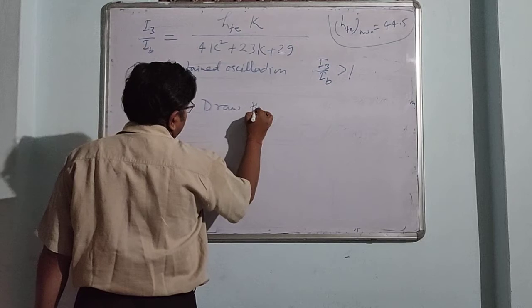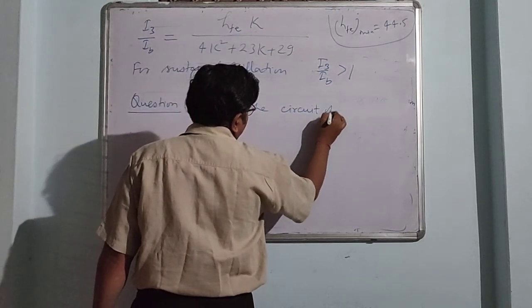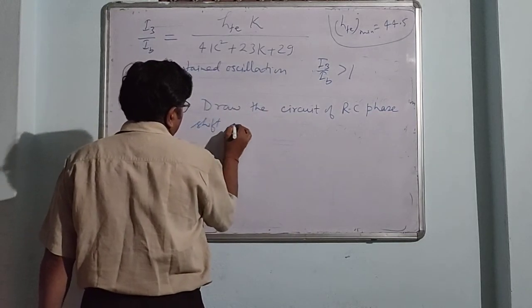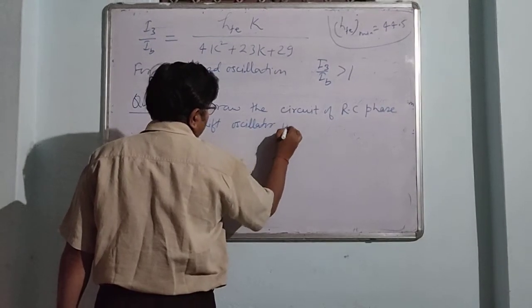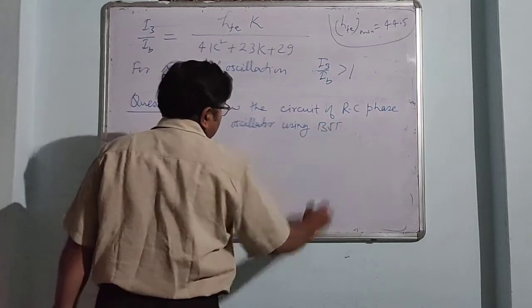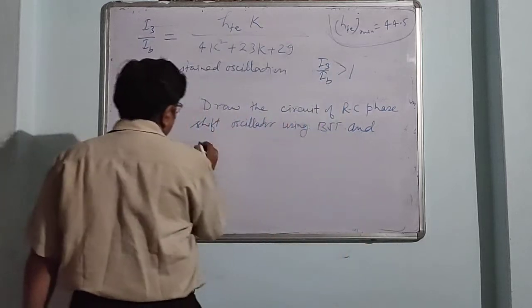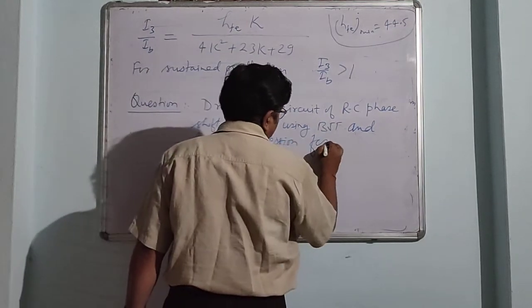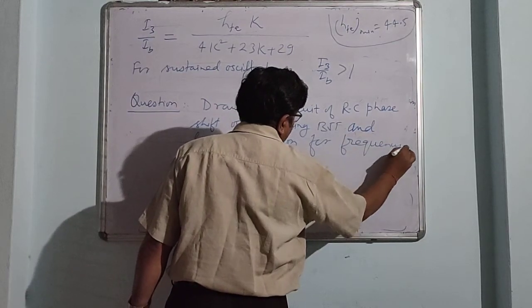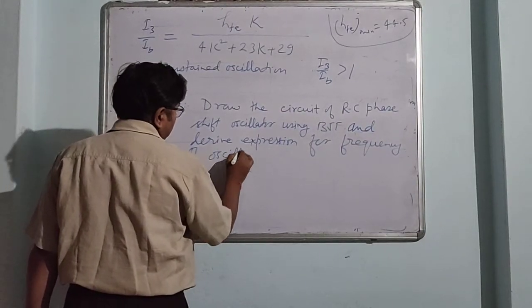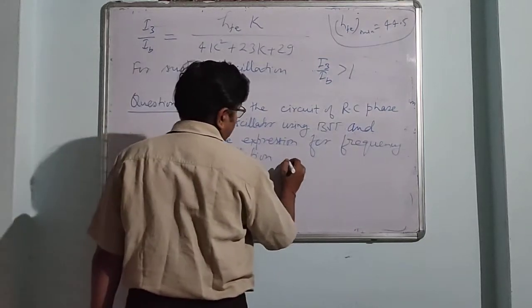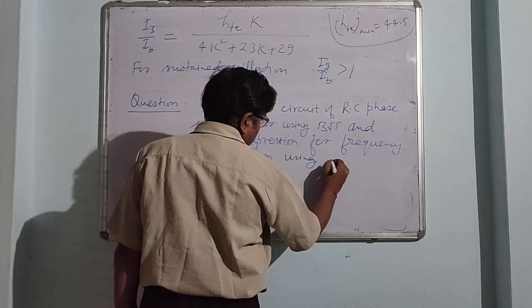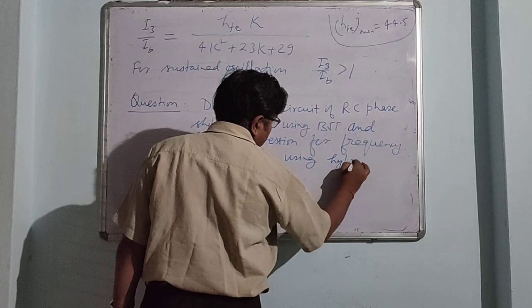Draw the circuit of RC phase shift oscillator using BJT and derive expression for frequency of oscillation using hybrid model.